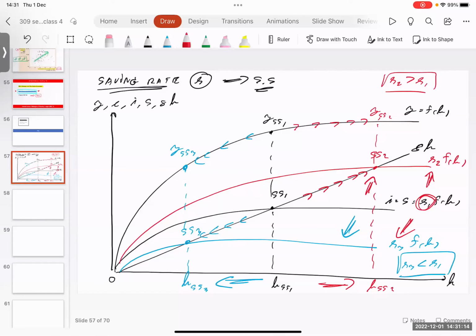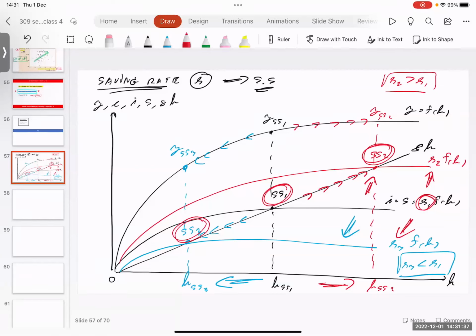As you can see, when the saving rate changes, the investment and saving curve changes. When the investment and saving curve changes, it means that the steady state point is going to change. So in this graph, the steady state point can be SS1, or it can go up to SS2, or it can go down to SS3.